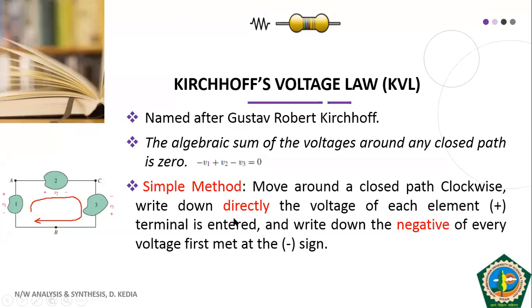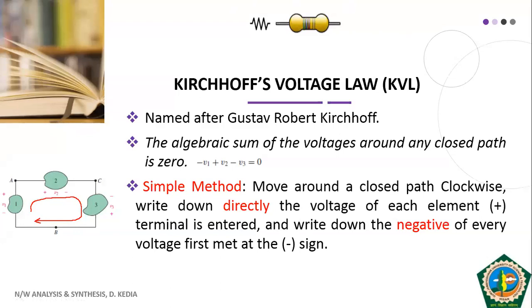When we move around a closed path in the clockwise direction, we notice the voltages that we encounter across that closed path. One important point to keep in mind, as it is written in your slide also, is that in any closed path, we mention the voltages present in each circuit element.